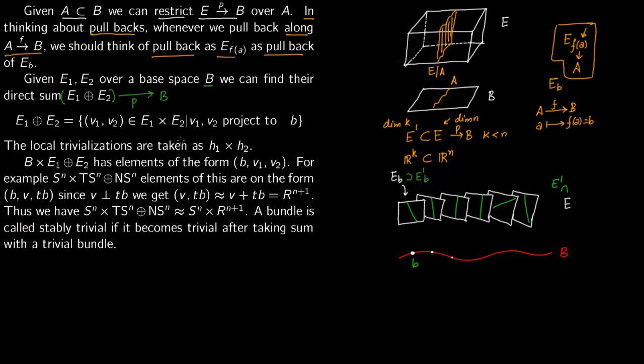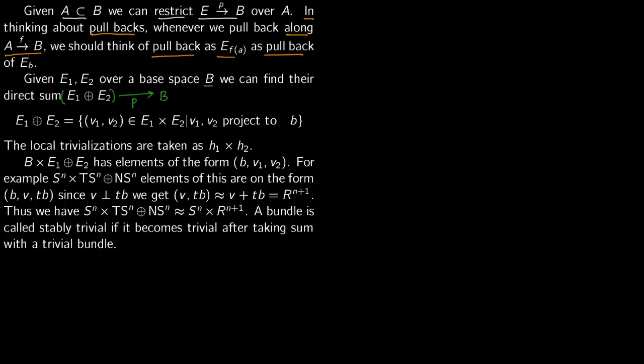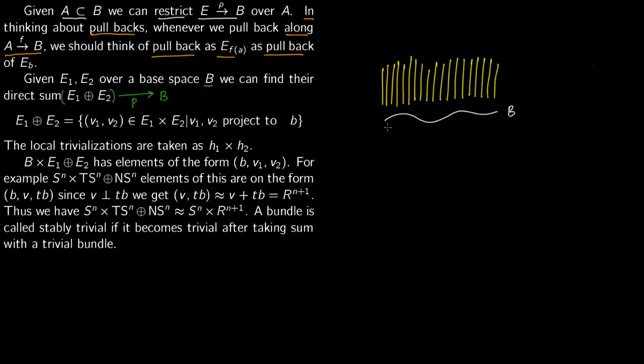So let us see it more in the figure way. Say you have the base space B and you have two vector bundles on it. So this is one of the vector bundles, and then you have another set of vector bundles.